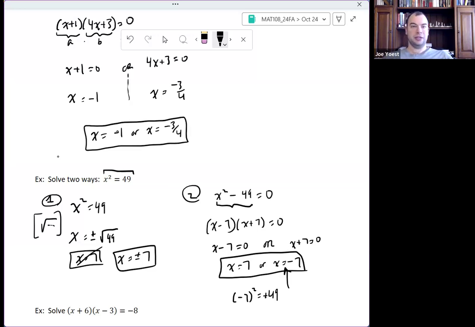And if I put in the opposite of that, the equivalent negative value, that also gives me the same output. But if I take the square root of both sides, the problem is the notation square root of 49 relates to what we call the principal square root, or the positive square root, the positive 7 in this case.